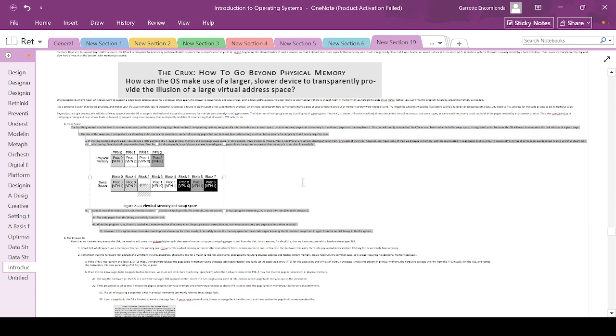In operating systems, we generally refer to such space as swap space because we swap pages out of memory to it and swap pages into memory from it. Thus, we will simply assume that the OS can read from and write to the swap space in page size units. To do so, the OS will need to remember the disk address of a given page.